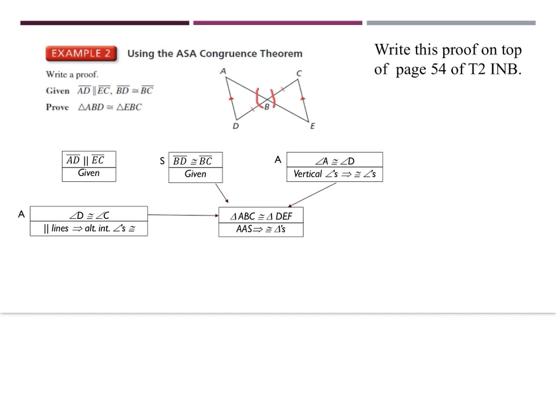has the angle D is congruent to angle C, and that's because of lines being parallel. So anytime you have lines parallel, that means that you could possibly have the alternate interior angles or any other type of angles that we learned when we have lines parallel cut by transversals.